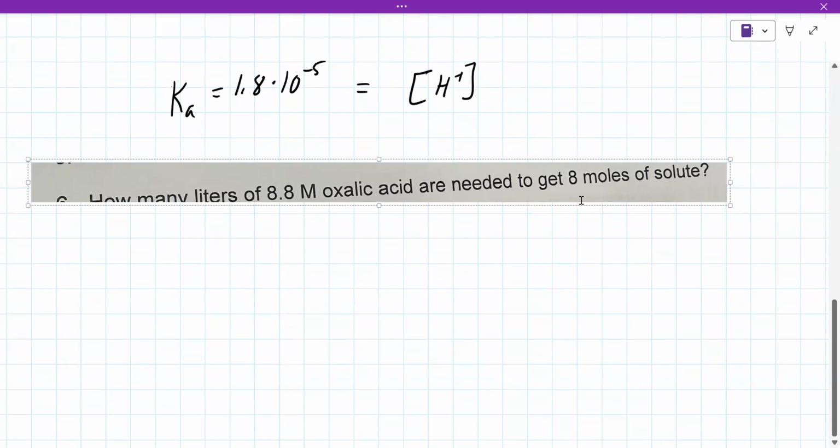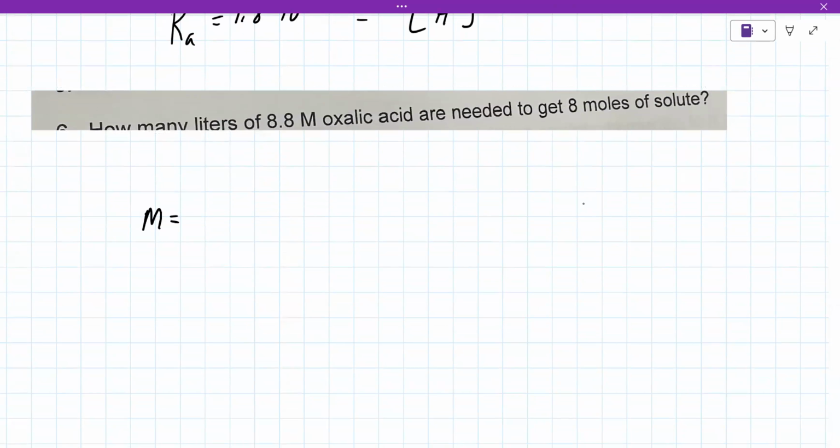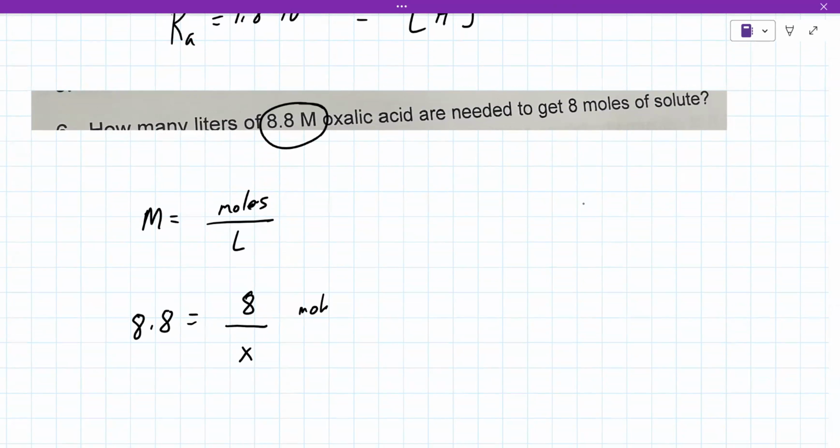Molarity is moles per liter, right? And our molarity in this problem is 8.8. We want 8 moles, so we need to figure out how many liters. It's as simple as solving this equation for x. We can multiply both sides by x, which is the most common approach here.